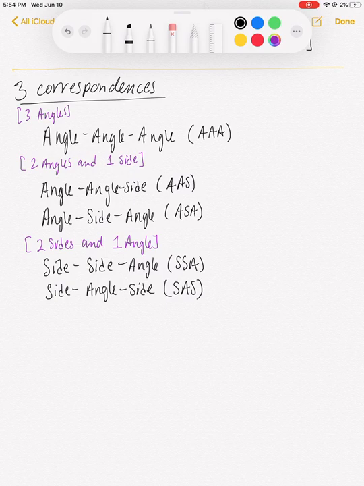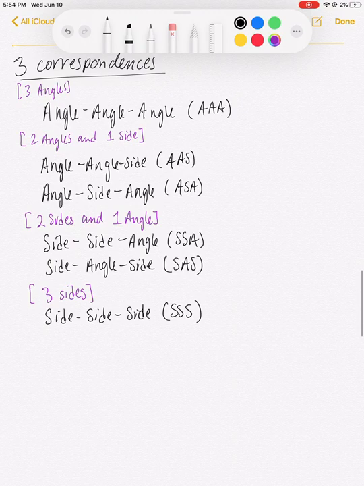Okay. And once I've got all of those tests, we can have three sides. Okay. So that one is going to be the side, side, side test. Okay.